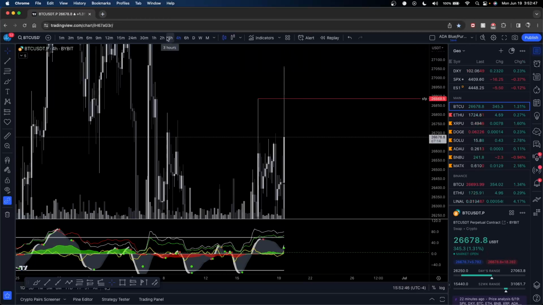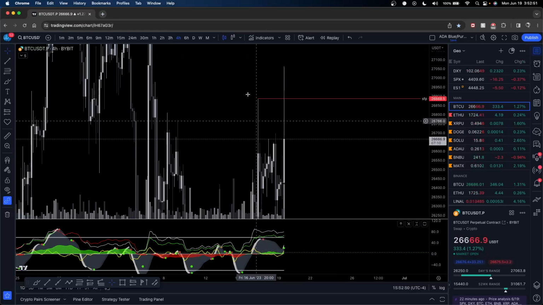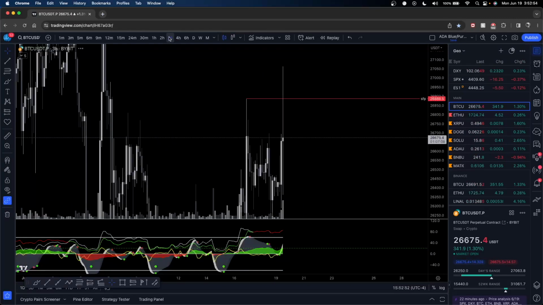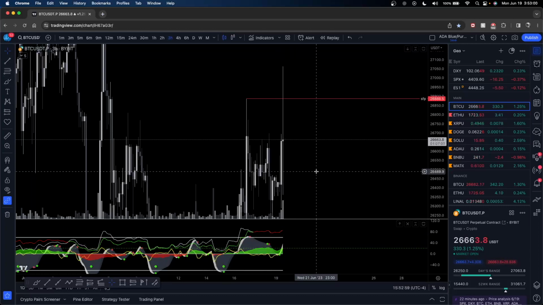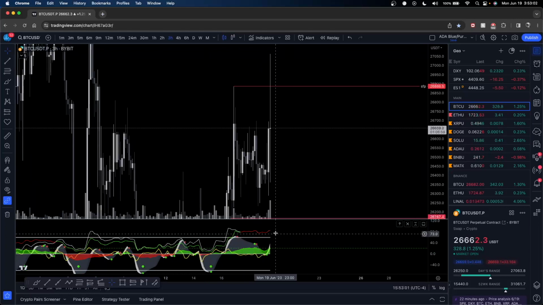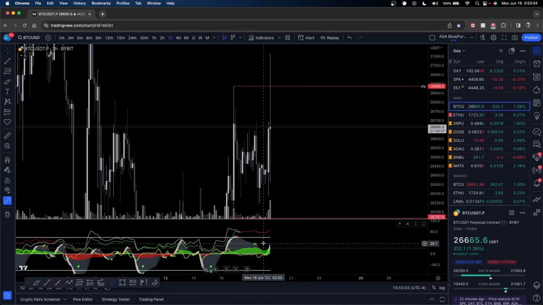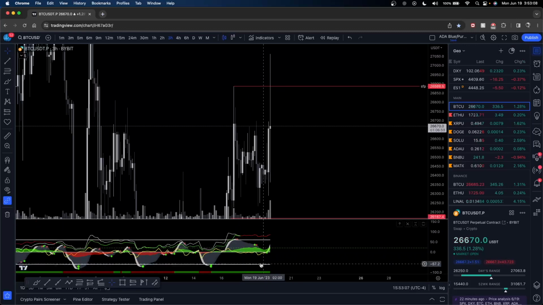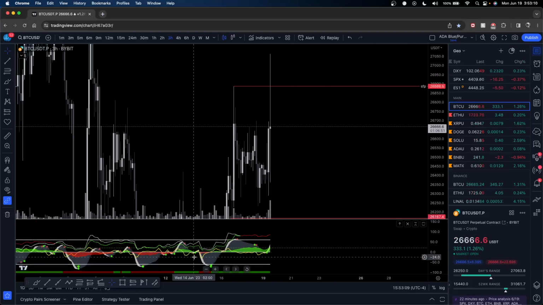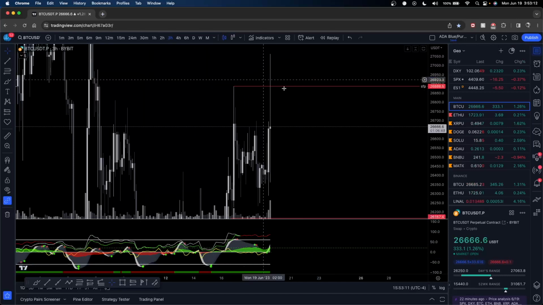Let's just say you're long and you're worried about getting stopped out or whatever. 4 hour doesn't look bad. 4 hour looks like it has a lot more movement to the upside. 3 hour looks like it could also keep going, right? We have our RSIs together, which is a strong indication. Money flow is increasing, and it looks like it wants to go up, right?